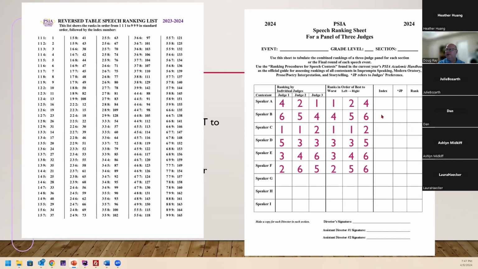The first one I want to do is 1, 2, 4. And so you look up on the list, where is 1, 2, 4? Now this is in order, 1, 1, 1, 1, 1, 2, 1, 1, 3, etc., all the way down to 9, 9, 9. And so you want to look up and see where 1, 2, 4 is. 1, 2, 4 is right here. That index is a 13.